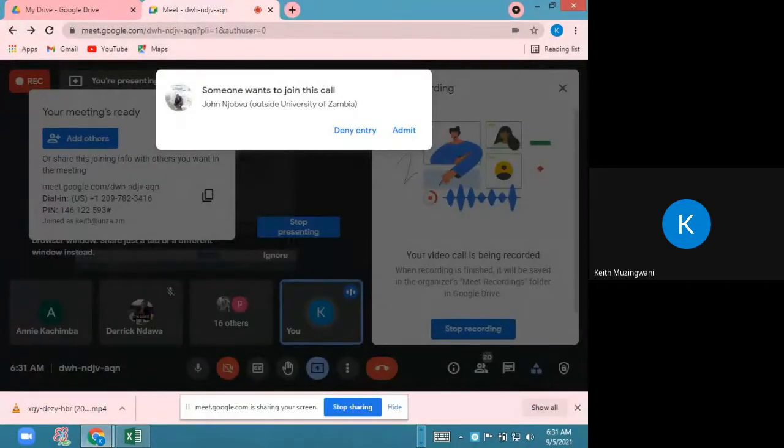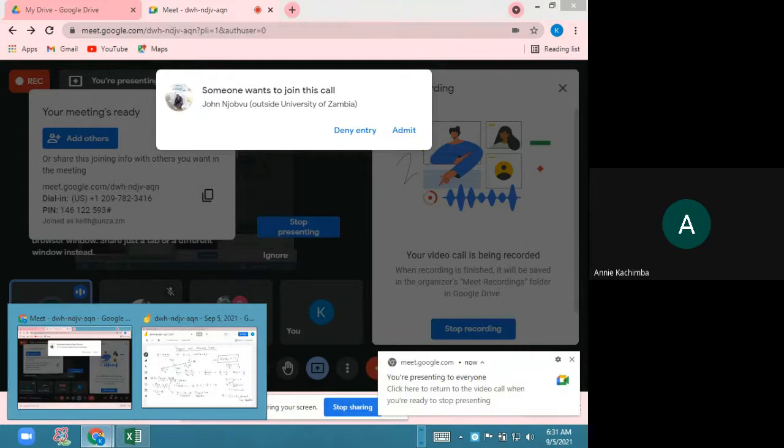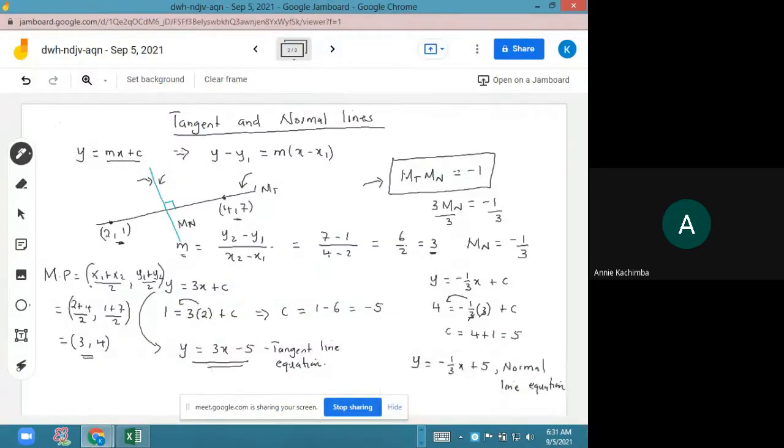Can you safely say that the equation of the normal and that of the tangent are inverses of each other? I've never said it's such a thing. Let's find the inverse of this one.